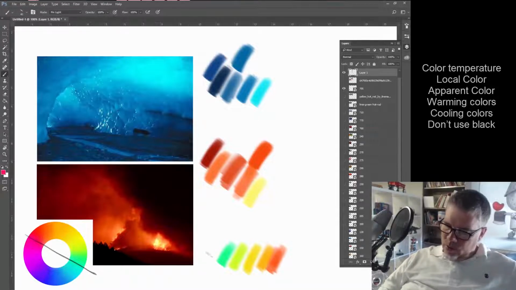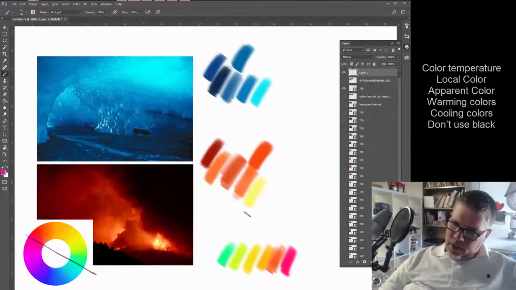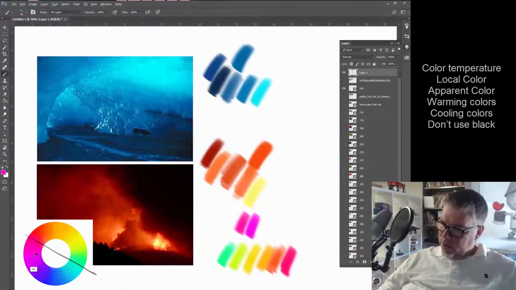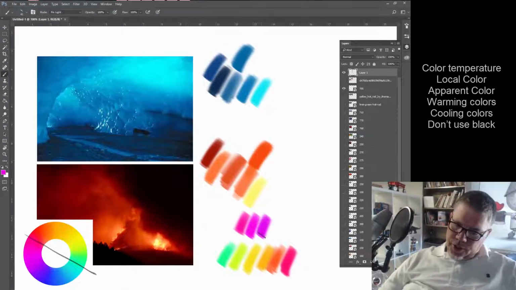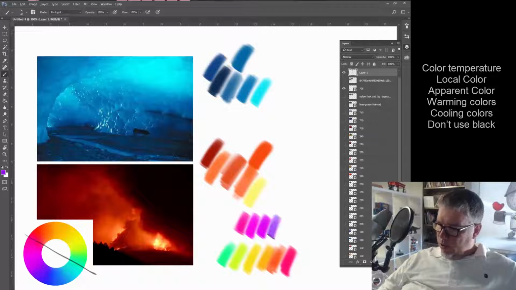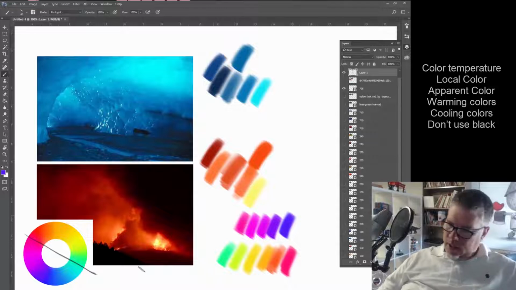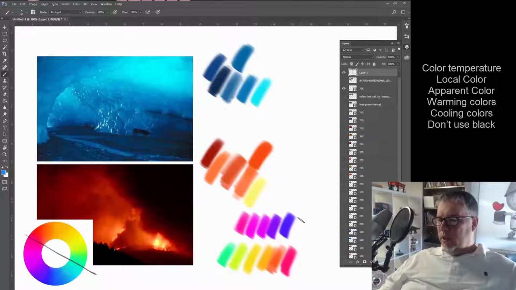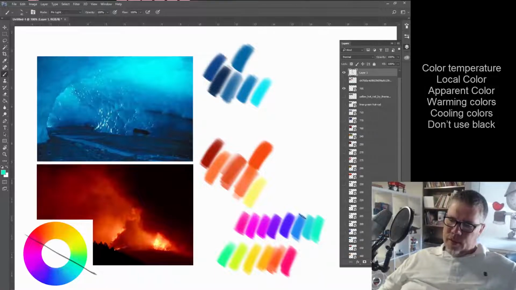Pink is warmer than violet. Violet is warmer than blue or purple. Purple is warmer than blue. And then we switch. Blue is colder than aqua and teal and so on and so forth. So again, the coldest color is the blue and the warmest color is the orange. And that's why they're opposites on the color wheel.